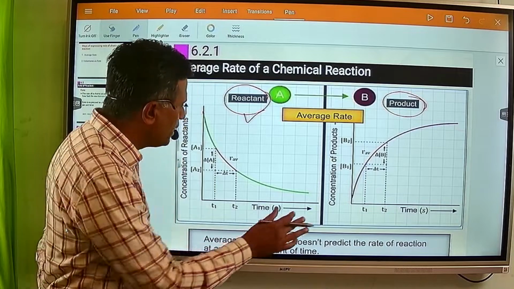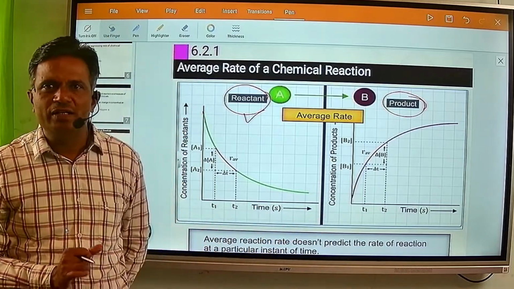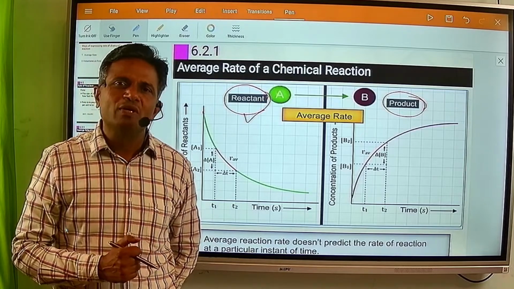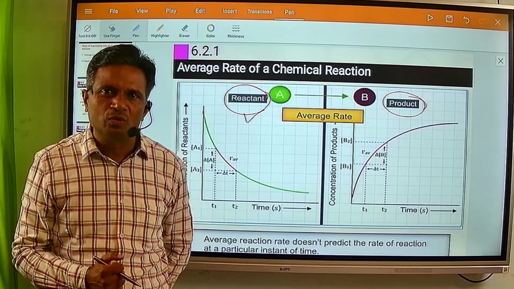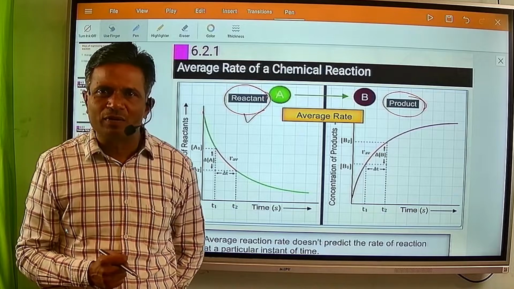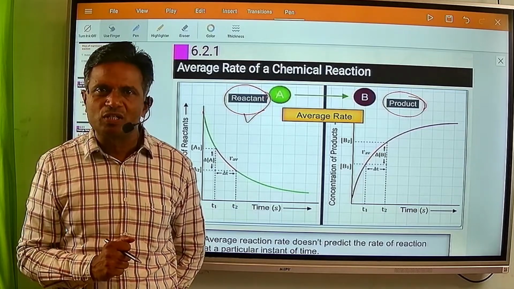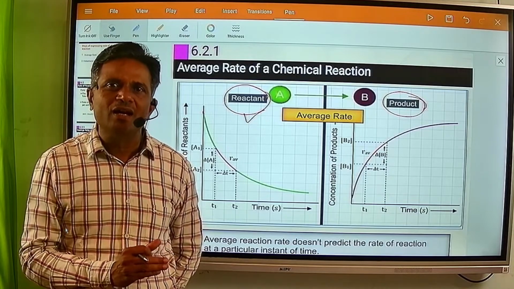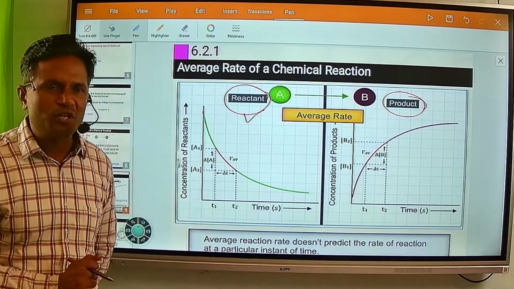Now with the help of these two graphs, we can determine the average rate. As I told you, whenever you have to find out the average rate, you have to select two different time intervals and two different concentration terms related to those two time intervals, and if you have this data, then you can determine the average rate of reaction.